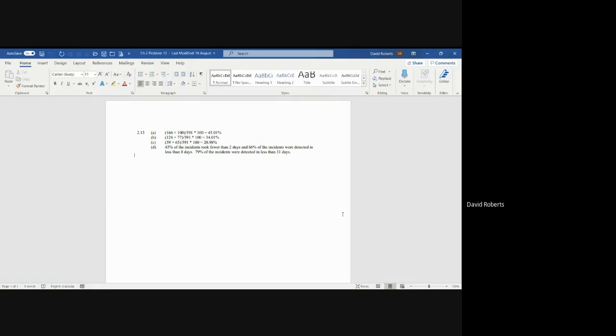If you want the third one, detected in less than 31 days, you would add up all of the days from the 166 all the way down to the 77 and total those up, the 166, 100, 124, 77, total it up, divided by 591.